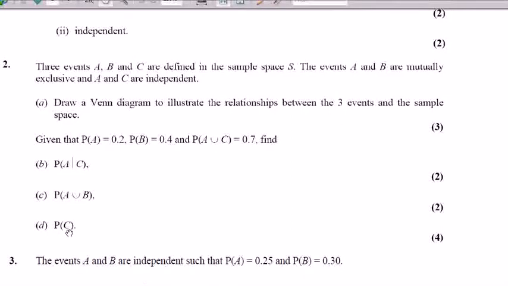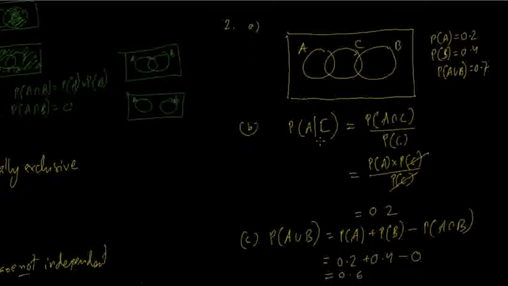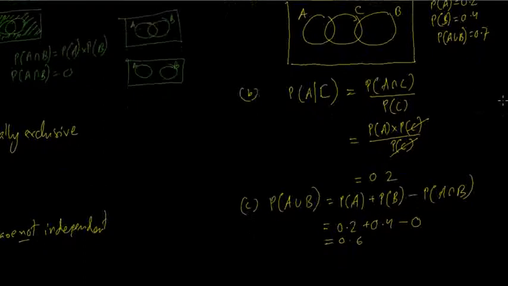Question number D says, find the probability of C. So we have to find the probability of C. For finding the probability of C, we can use the formula or we can use the Venn diagram. I always prefer the formula over the Venn diagram.